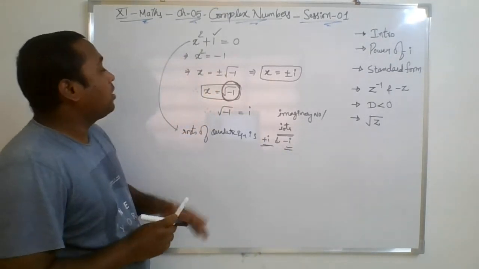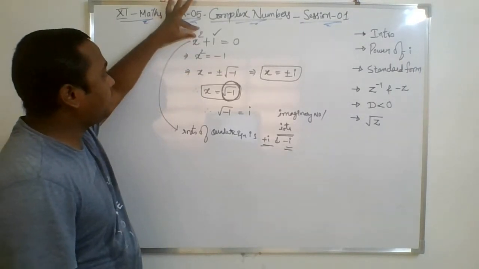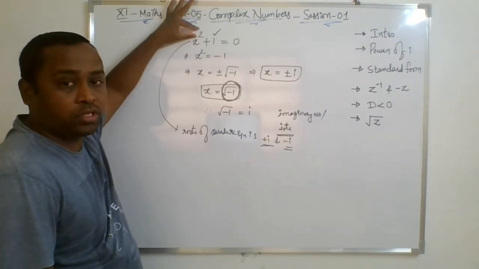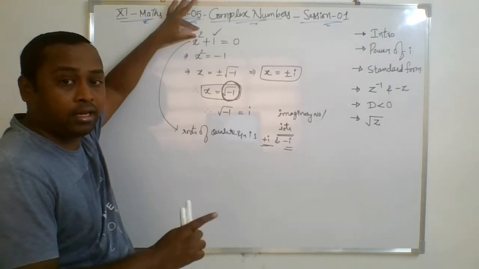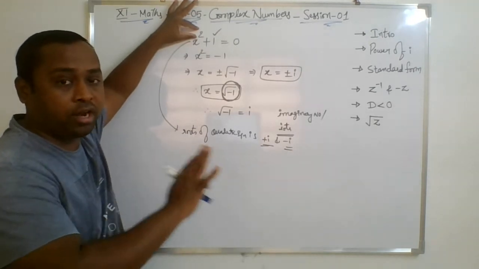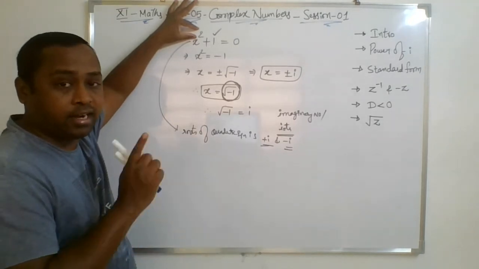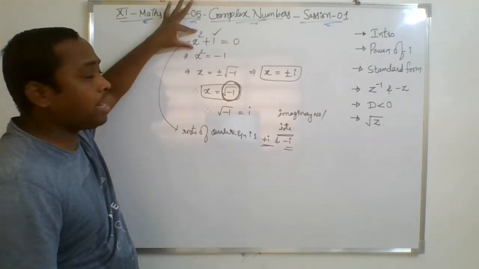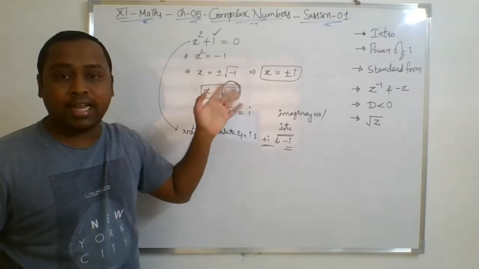So you could say, yes sir, degree 2 means two roots are possible, but here the discriminant value is negative, so no real roots are possible. In the real number system, this type of quadratic equation does not have a solution.